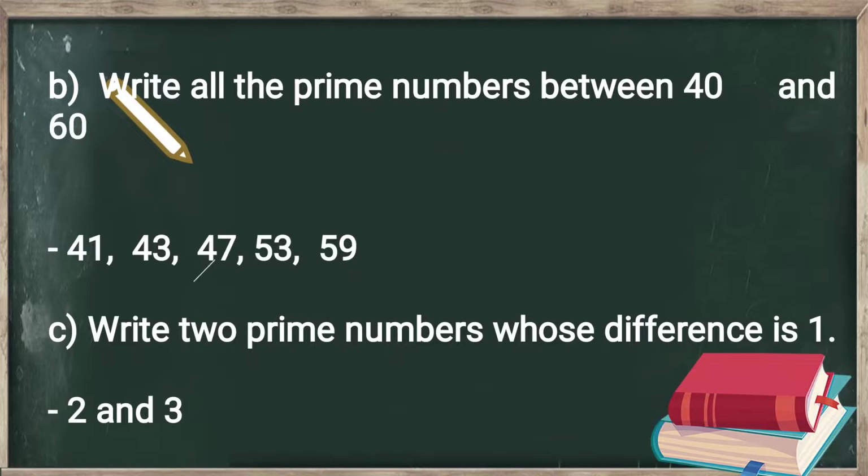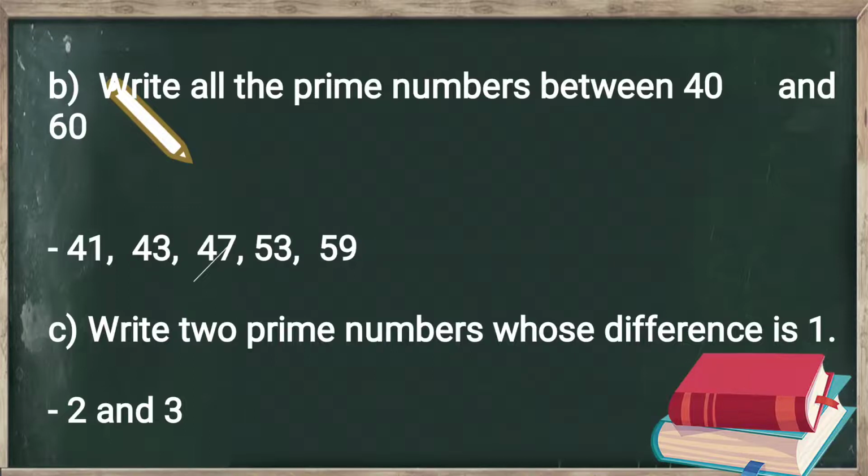We have: write all the prime numbers between 40 and 60. Now the question is we have to find out the prime numbers between 40 and 60. So the answer is 41, 43, 47, 53, 59.